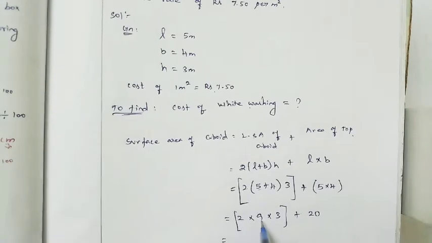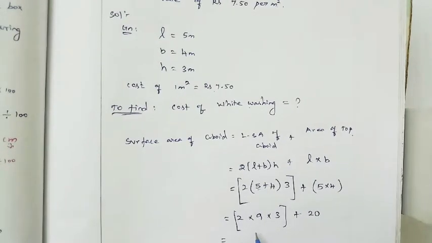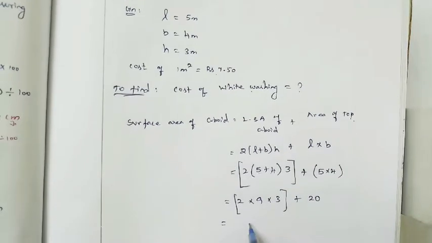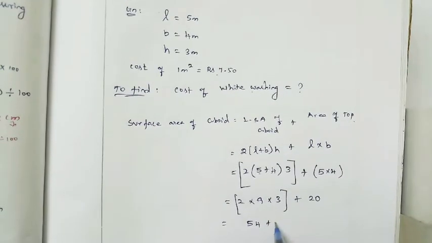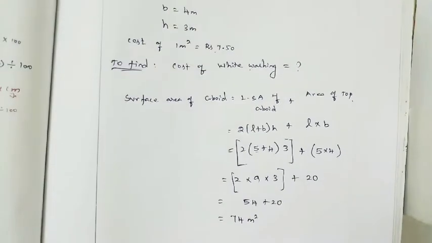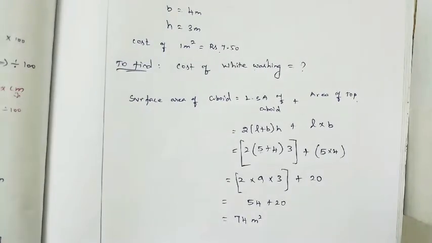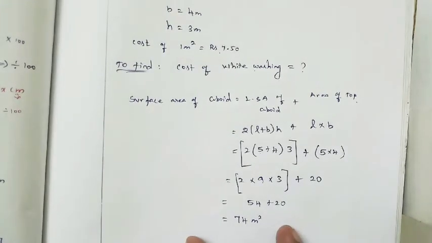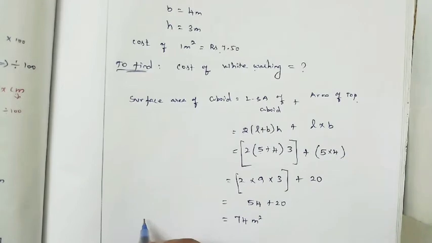Now just multiply: 2 9s are 18, 18 into 3, 54. So 54 plus 20 is equal to 74 meters square. Therefore, the surface area of the cuboidal room is nothing but 74 meters square.